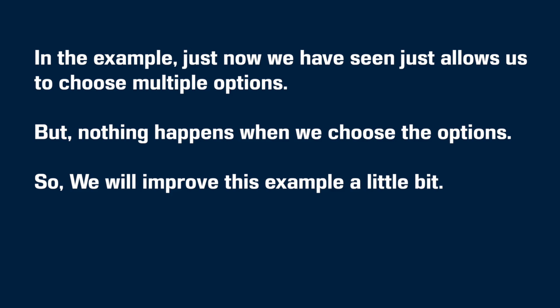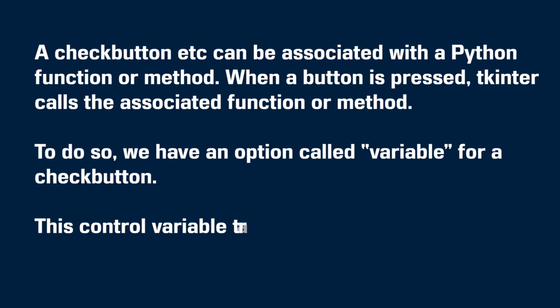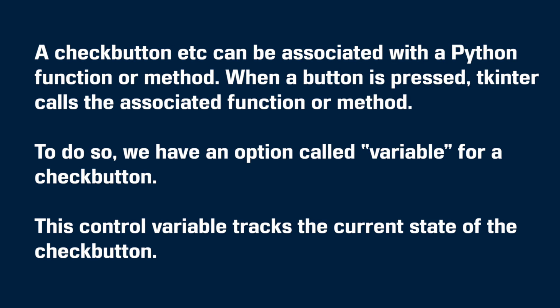So, we will improve this example a little bit. A check button etc. can be associated with a Python function or method. When a button is pressed, tkinter calls the associated function or method. To do so, we have an option called variable for a check button.